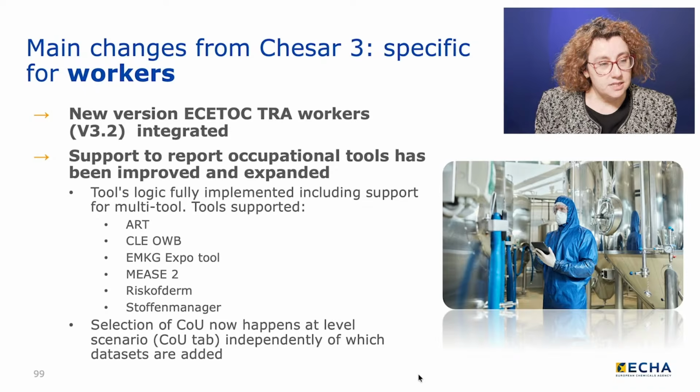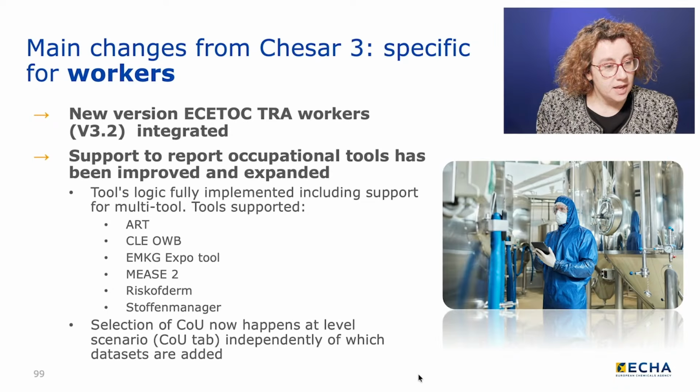The other difference, where we have improved the tool, is that we have modified how you do things, so you have better support to report occupational tools. Now you have more occupational tools that you can report more or less automatically. There you have the list. And then we have also included the tools logic fully. You will see in the next slide how this works.